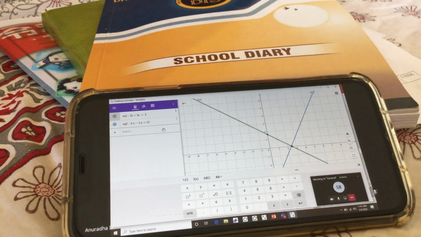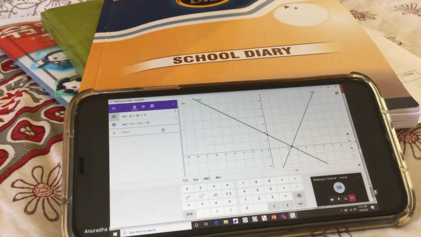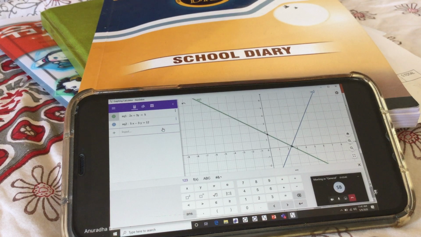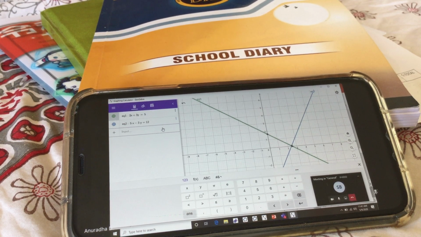If your objective is the condition for consistency, see, the objective is different, then you can think about 20 pairs of linear equations given to the children, and then they can use this tool and find that in certain cases they are all intersecting, in certain other cases they are coinciding, in certain other cases they are parallel.